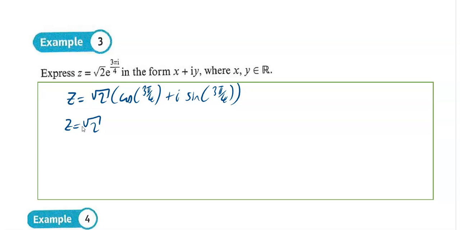Bang that into your calculator, see what you get. You get minus 1 over root 2 plus i times 1 over root 2, and then multiply out. Very easy, that's going to be minus 1 plus i.